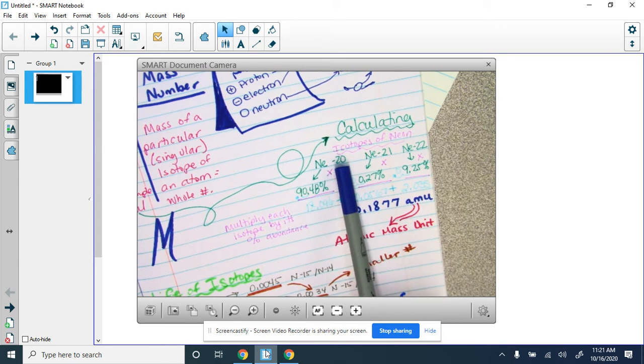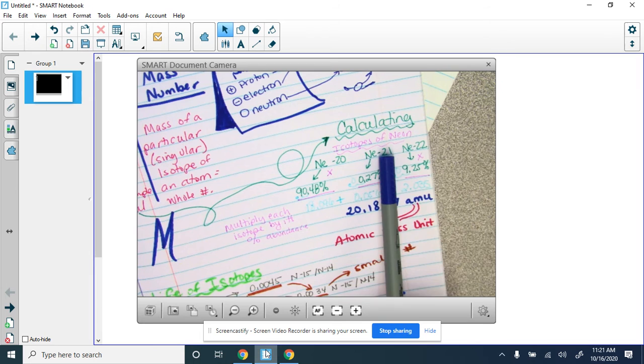Neon has 10 protons. So that would be 10 protons, 10 neutrons; 10 protons, 11 neutrons; and 10 protons, 12 neutrons. For neon 21, we'd have 0.27%, and for neon 22, we have 9.25%.